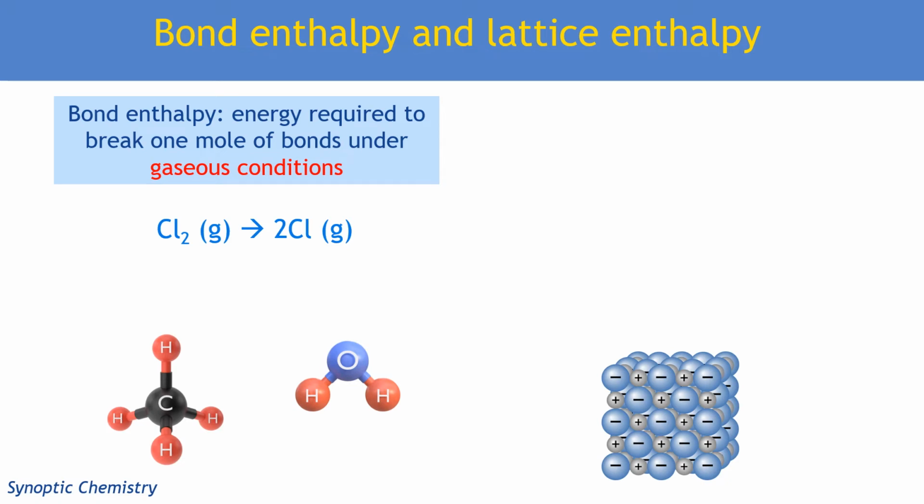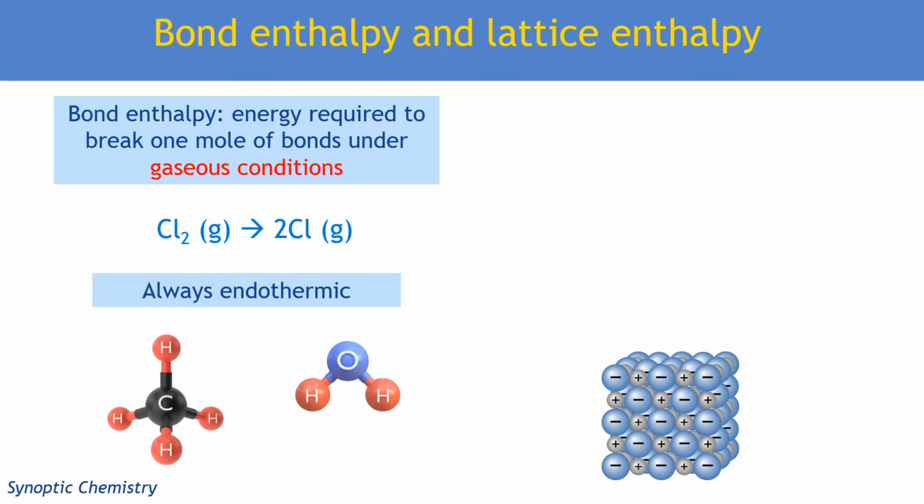Bond enthalpy, because of its definition, is always endothermic. We define it as the energy we put in to break the bonds. But if we're doing a calculation and a covalent bond is being made instead of broken, that's when we change the sign and make it an exothermic process.